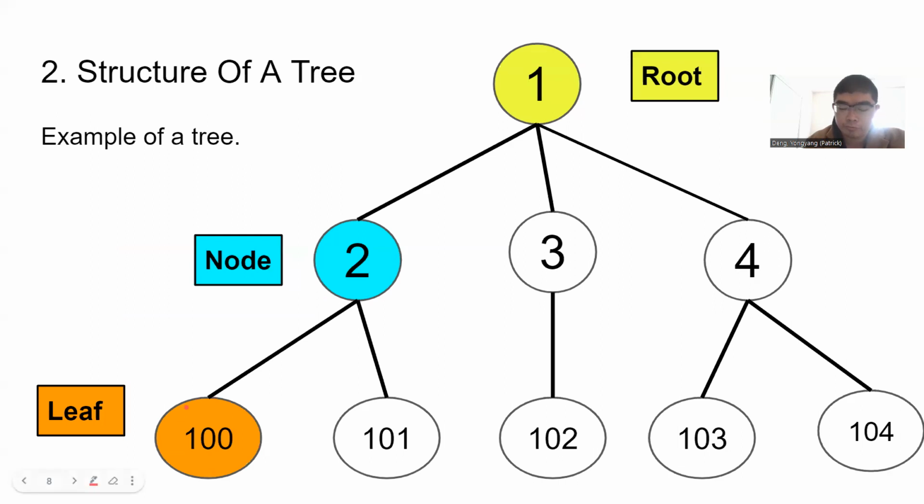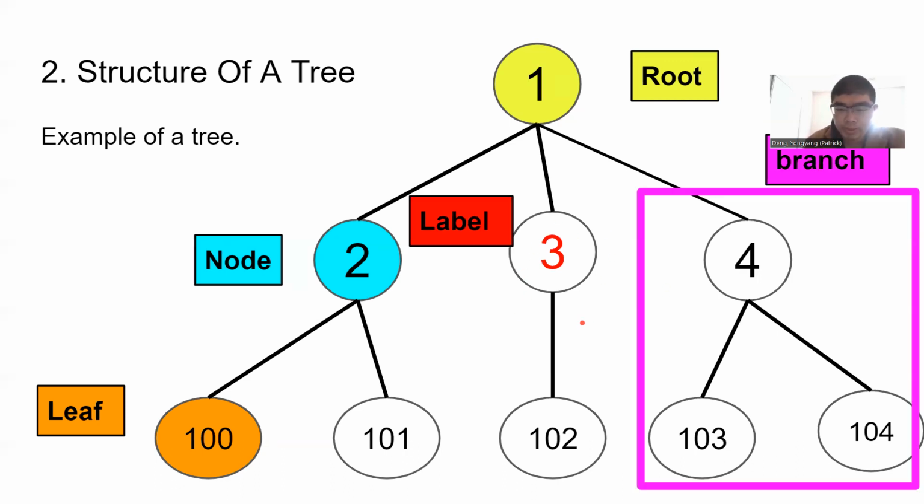And then I also have the leaf. A leaf is a node that does not have any sub-branches below it. When you have a tree, the leaf usually doesn't have anything else, it's just itself. And then the label. The label is the data that we actually store in the node. So the label for this node is 3.